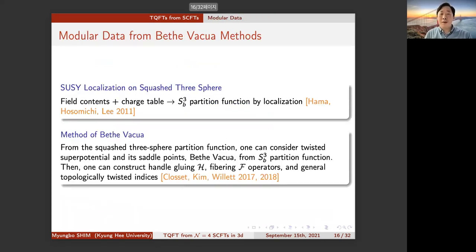In a similar way, we consider supersymmetry localization on the squashed three-sphere partition function.